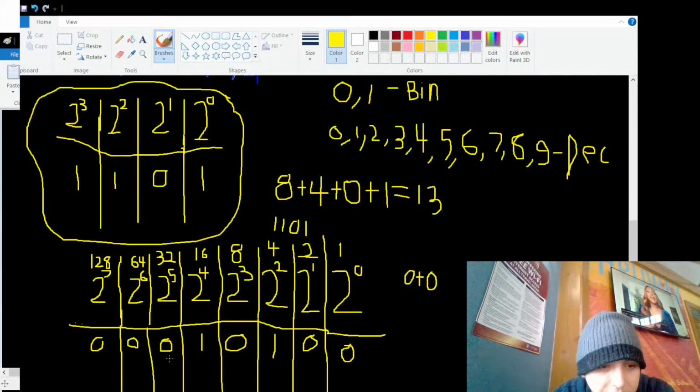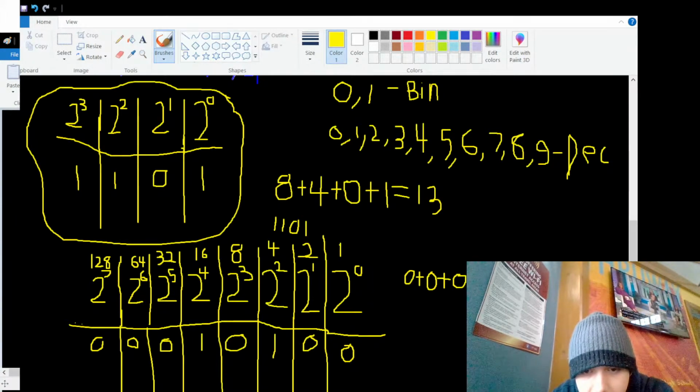So we're trying to figure out what this number is. 0 times 2 to the 5th. It's going to be another 0. Okay, a 1 times 2 to the 4th.